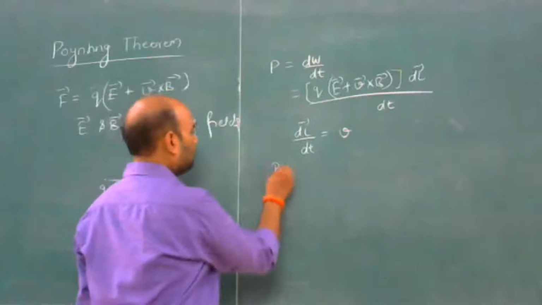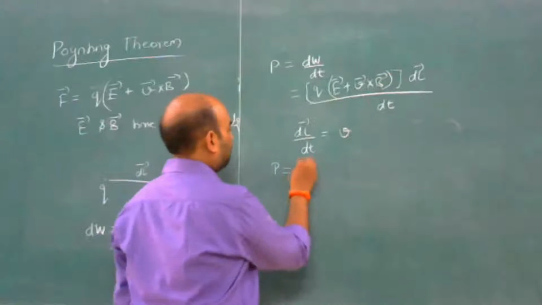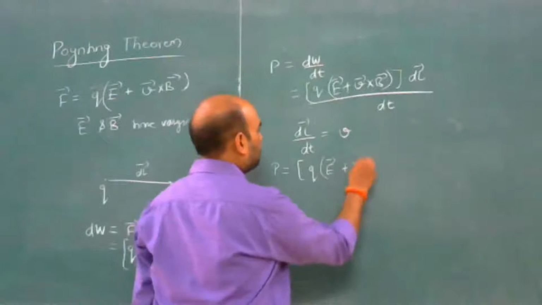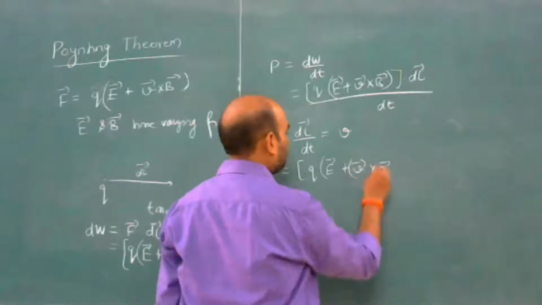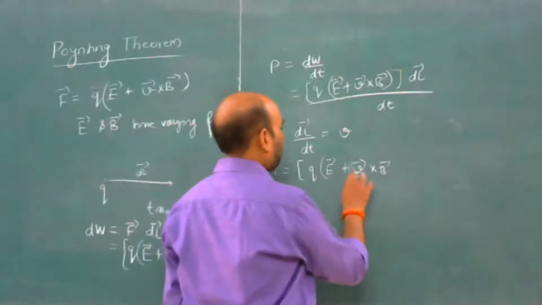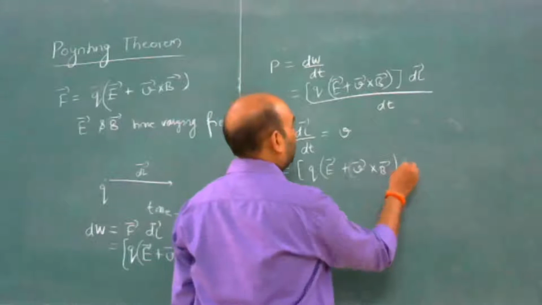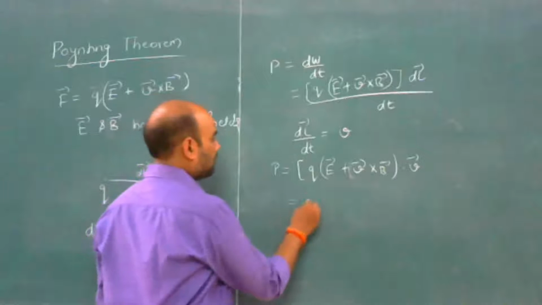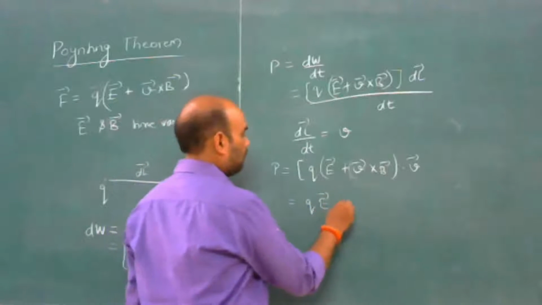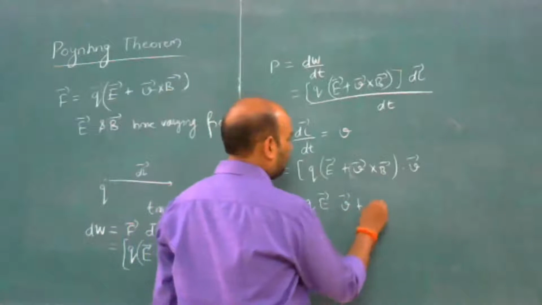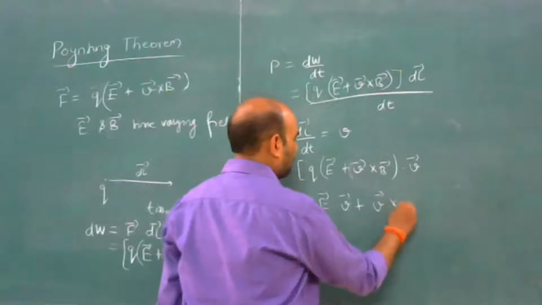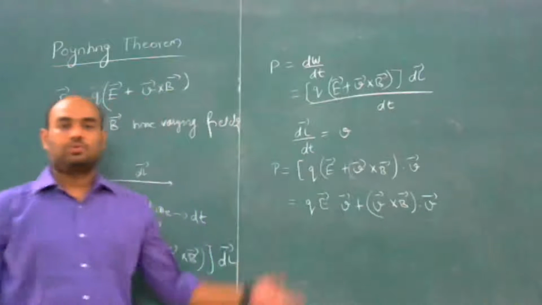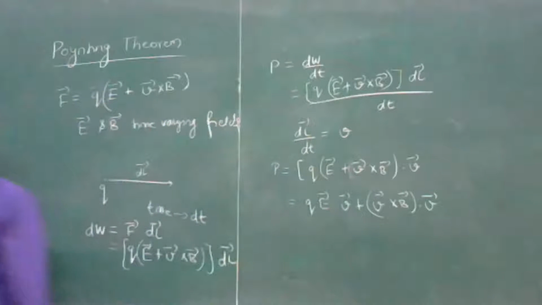So power becomes Q(E plus v cross B) dot v, which can be written as Q E dot v plus Q (v cross B) dot v.